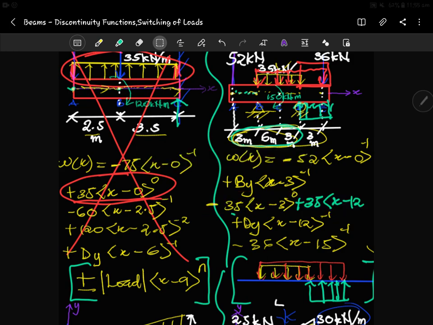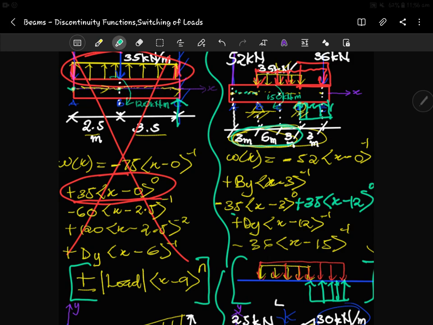Minus 12. Okay, minus 12. And then there's a distributed load, right? Uniform distributed load. So that's 0.